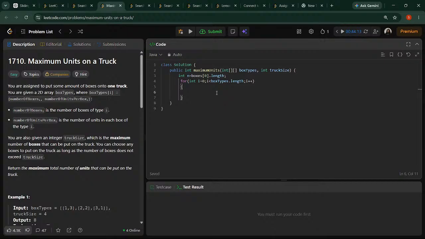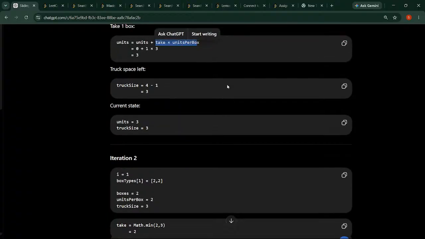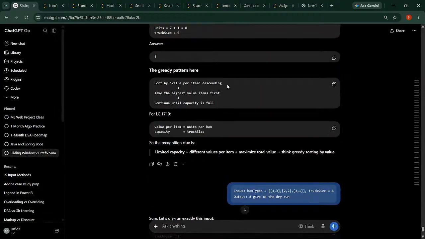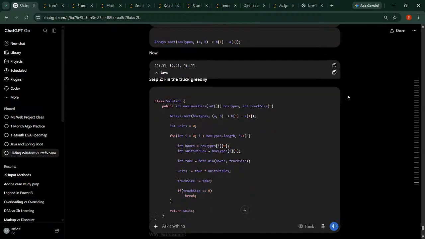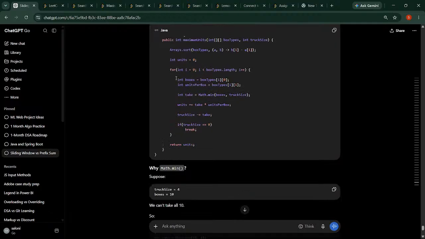What do we have to do? If we have to store the minimum, okay, we will be storing our boxes and the units per box in boxes and units per box.